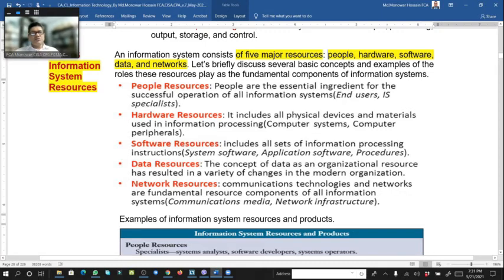And network resource: communication technologies and networks are fundamental resource components of all information systems, such as communication media, network infrastructure, etc. So we can say there are five major information system resources: people resource, hardware resource, software resource, data resource, and network resource.